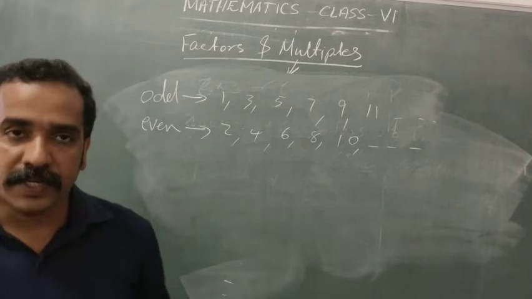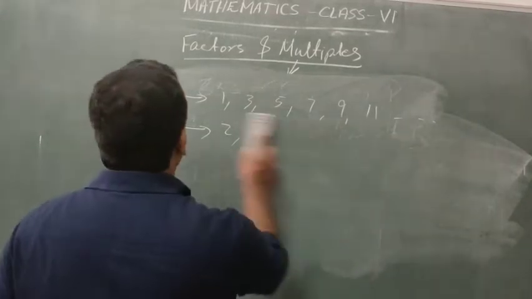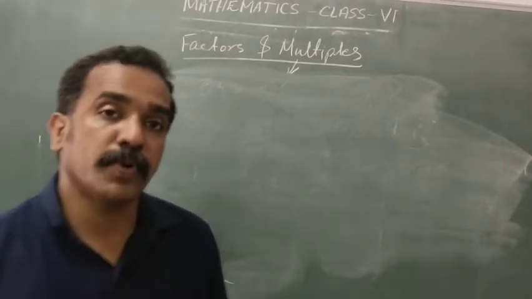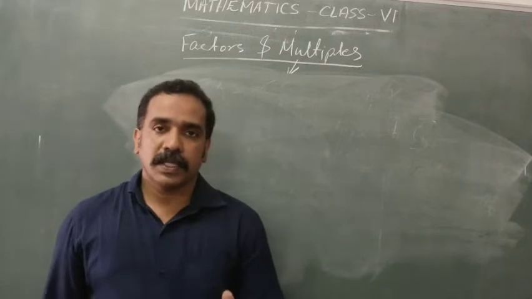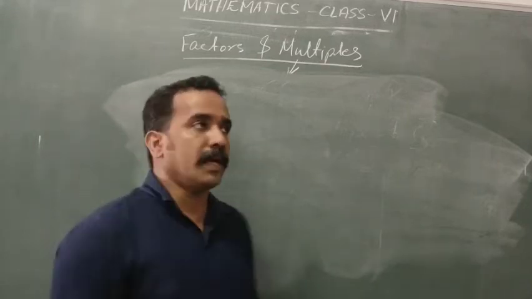Now another type we are going to study is prime and composite numbers. What are prime numbers and what are composite numbers? That is related to the factors.